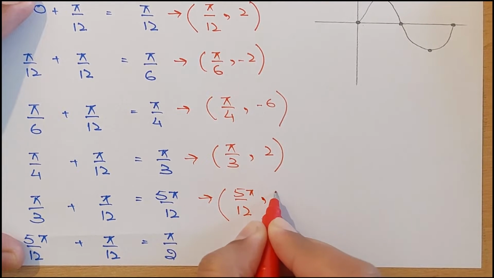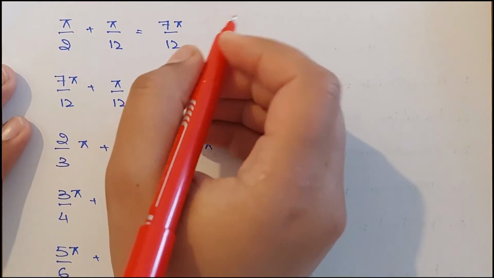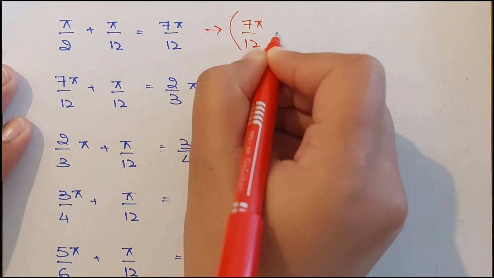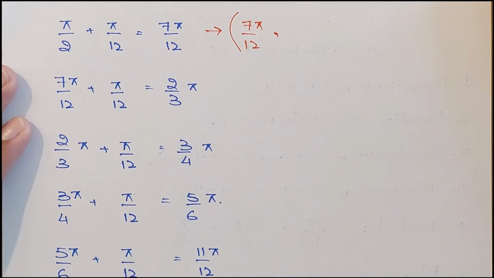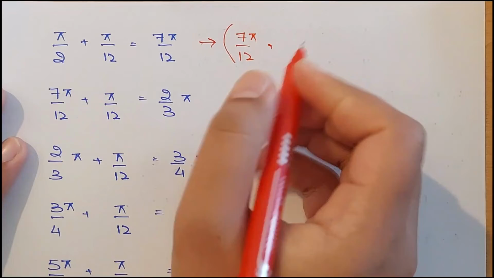The maximum is 2. And at pi by 12, we go to the equation of x is, this is negative 2, right? And for the next point, 7 pi by 12, again from the equation of x is, we go to the minimum point, and the minimum point of our curve is negative 6.